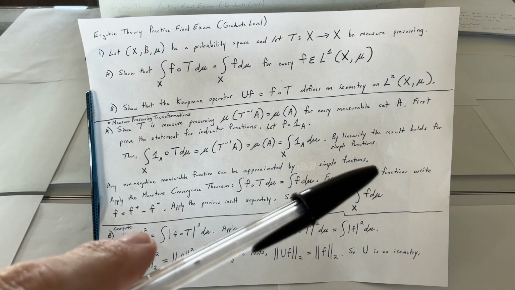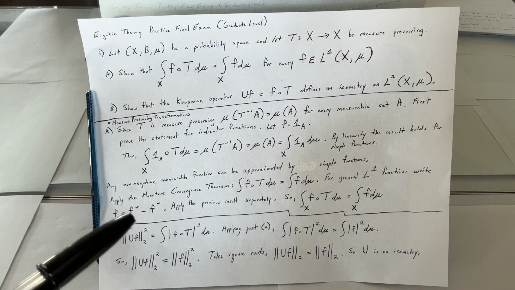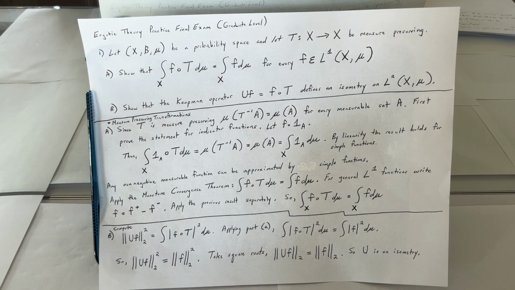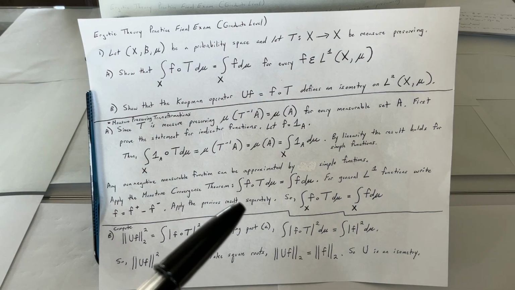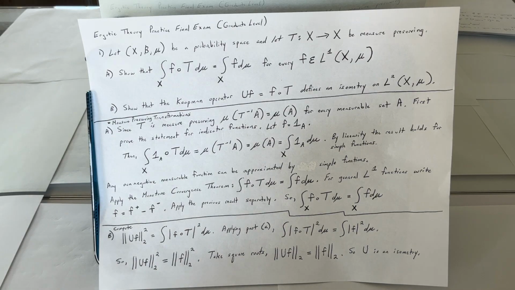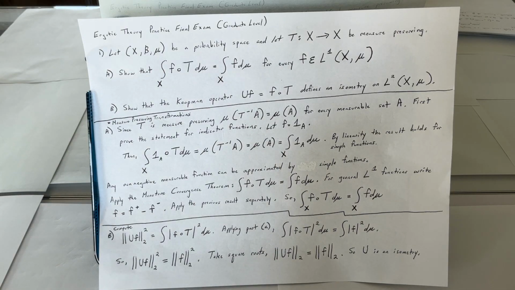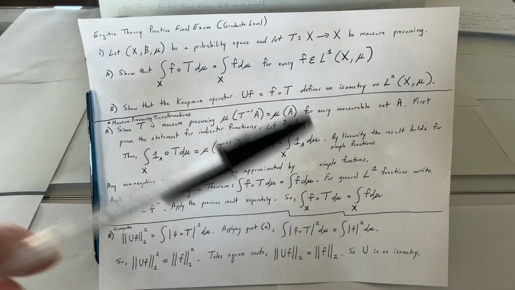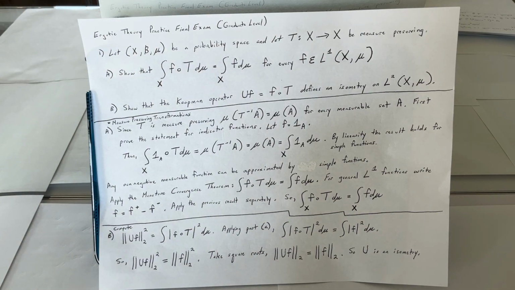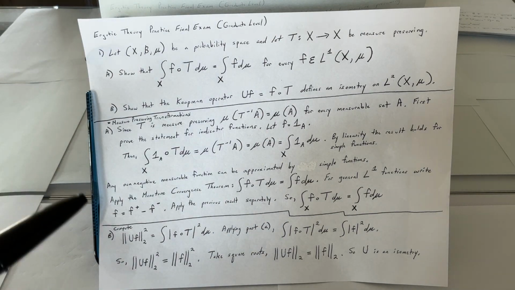And for general L1 functions, we write f equals f plus minus f minus, and apply the previous result separately. So the integral of f composed with T d mu equals the integral of f d mu. Okay, so that's for part A.